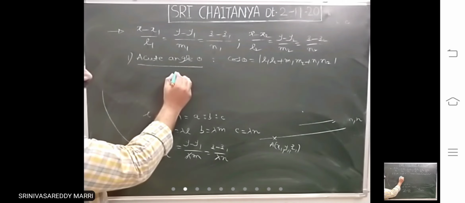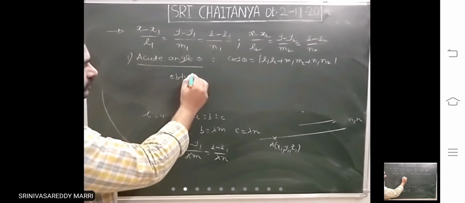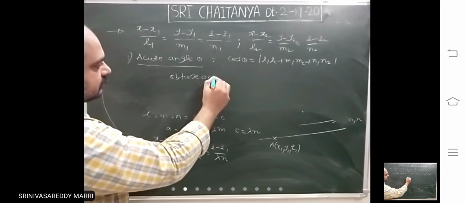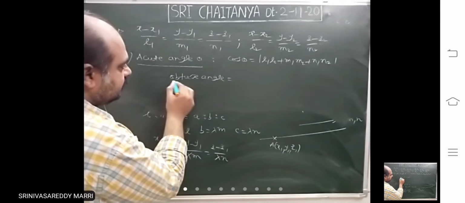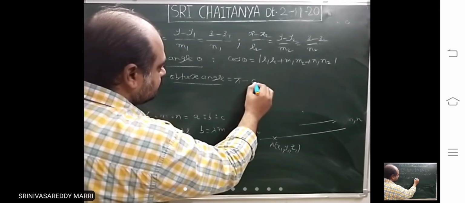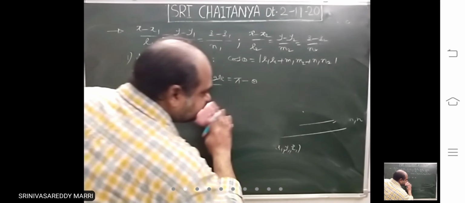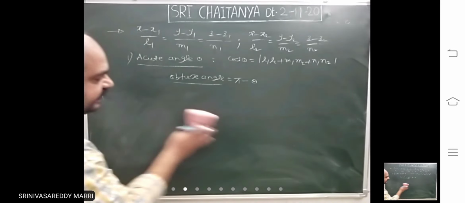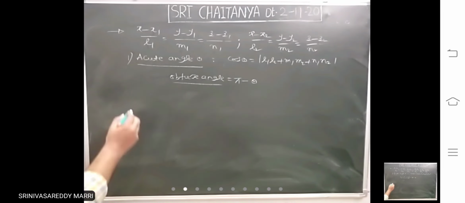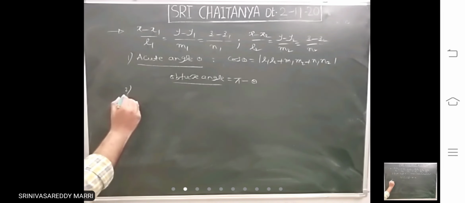Obtuse angle equals pi minus theta. First we will calculate the acute angle, and then the obtuse angle will be 180 minus theta.